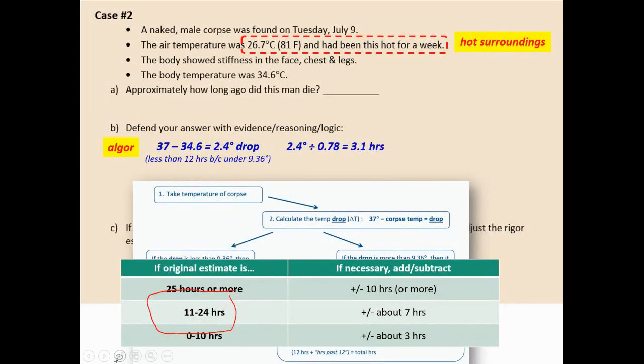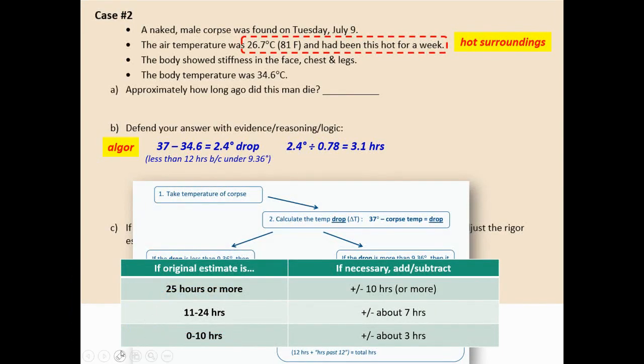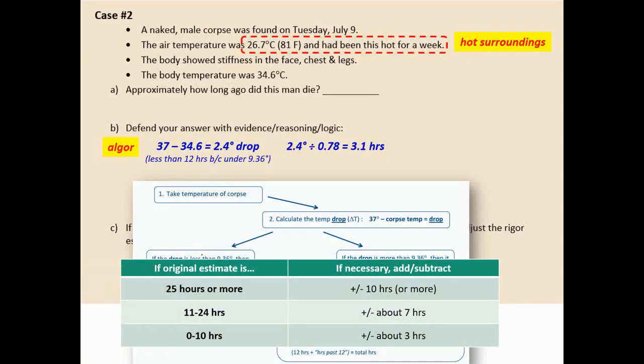But we have to take into account the hot surroundings, the hot temperature surroundings. Now, heat slows cooling. You should have that written on your timeline. It's really hot. The body is not going to cool down as quickly.